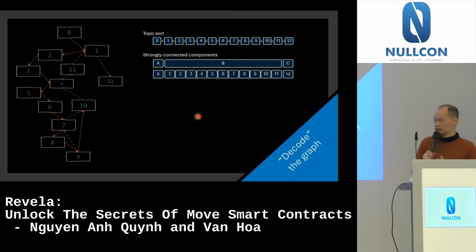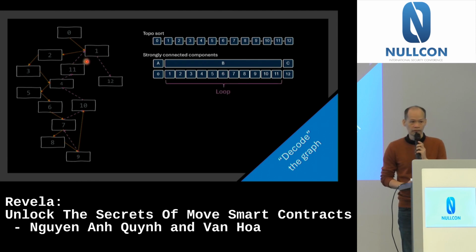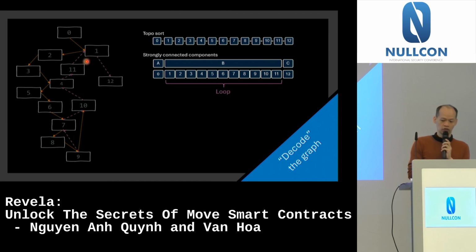So here, for example, in our graph, you can see that the code enters at block 0 and exits at block 12. So we have the first two components, A and C, and in between, you can see that from block 0, we go to block 1 and do something inside, and there are some paths that go back to block 1, which means that we have a loop from block 1 to block 11.